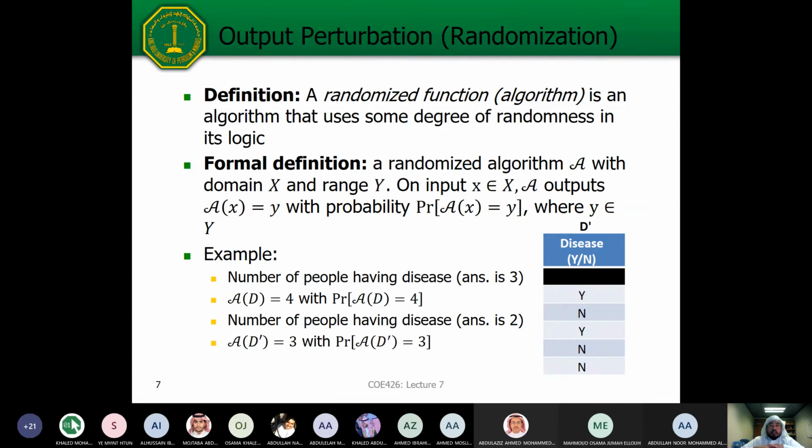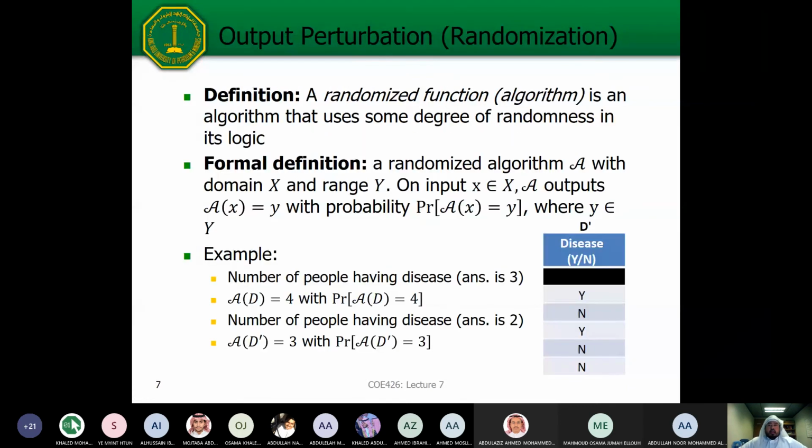We achieve indistinguishability, because the randomized algorithm will always give us 4, regardless of whether the individual in the first record is in the database or not. Now the question is, how can we design such a randomized algorithm? That is really the trick: how to come up with such a randomized algorithm.